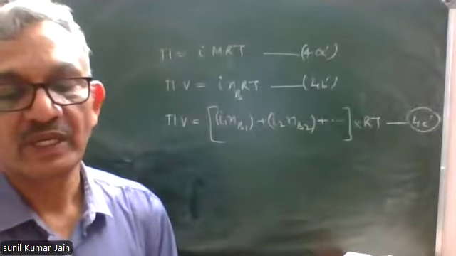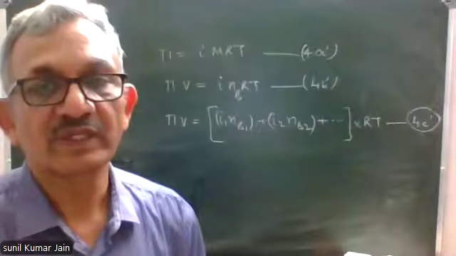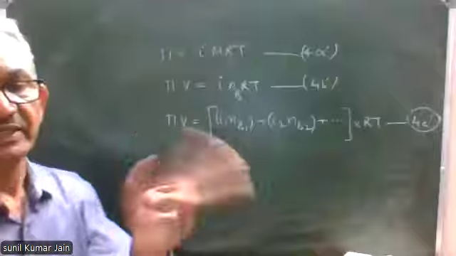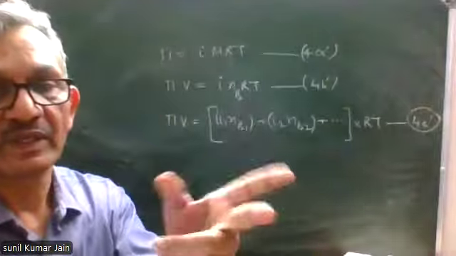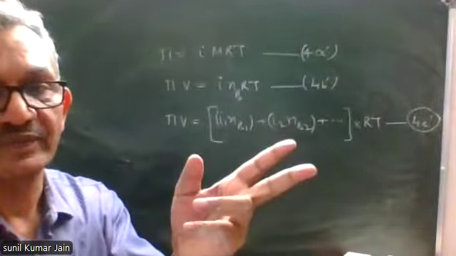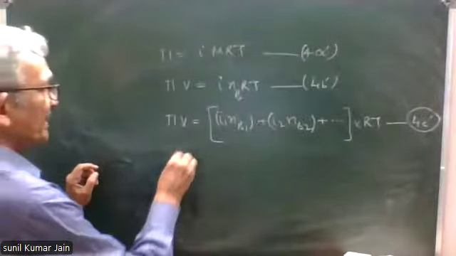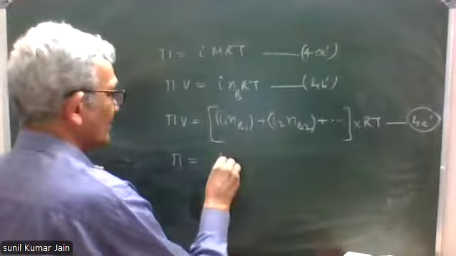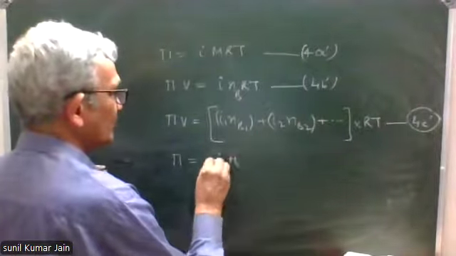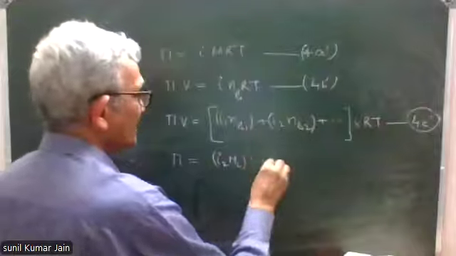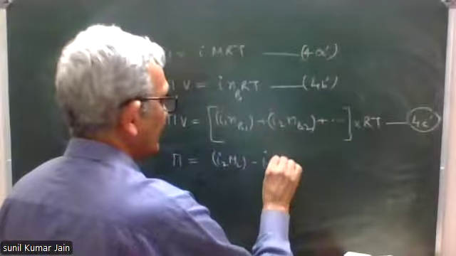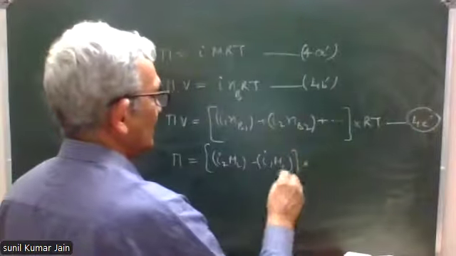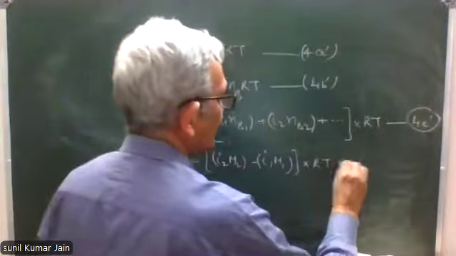And the last equation, equation 4d, was when there are 2 solutions of different molarity. That one becomes pi is equal to i2 into M2 minus i1 into M1, into RT.